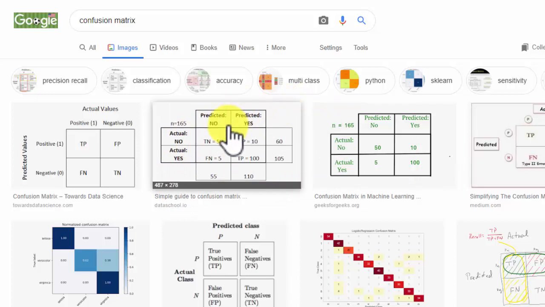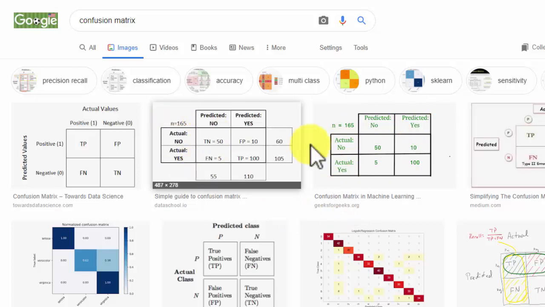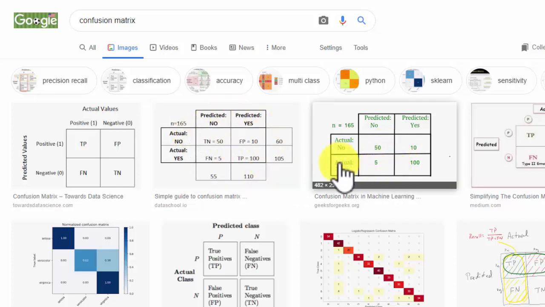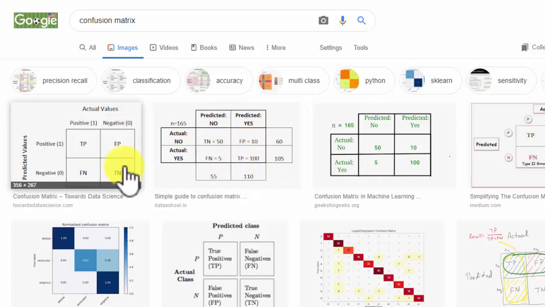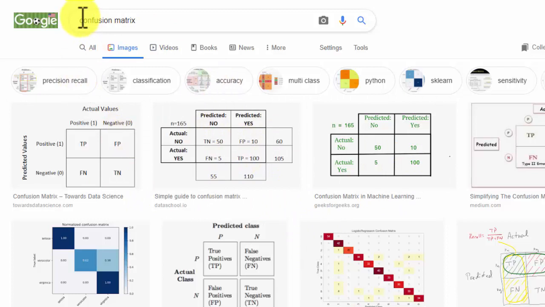So I don't encourage you to memorize these charts, but more importantly, how do you conceptually think about them, and how do you calculate them? The exact formula, you can always Google that, but the conceptual understanding is something that we'll walk through. This is what you'll find when you type in confusion matrix to images.google.